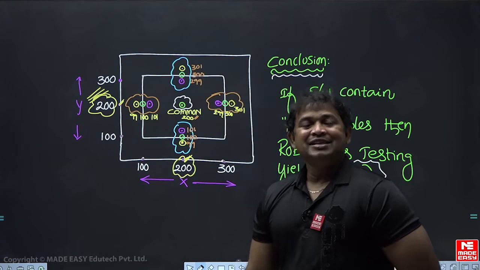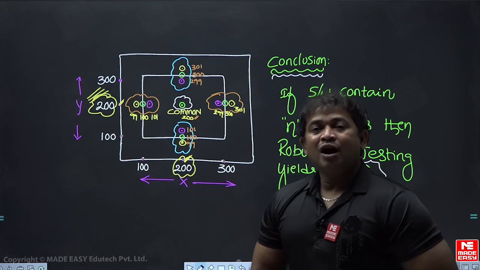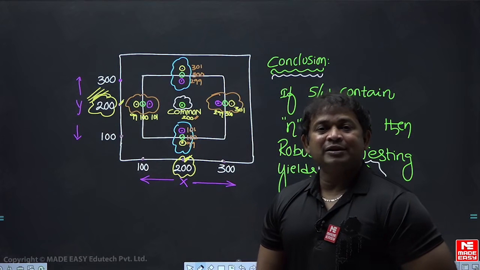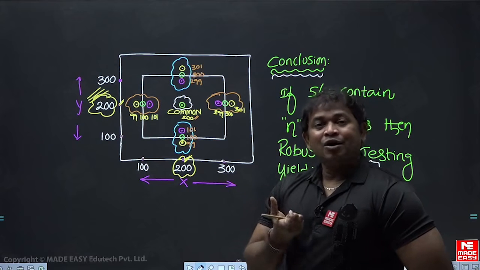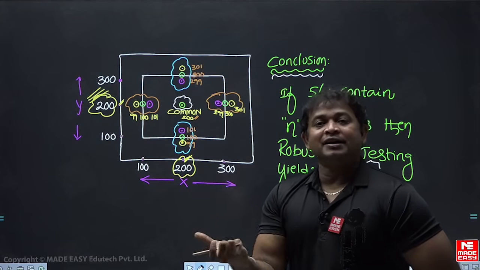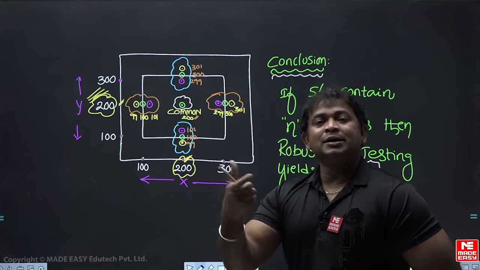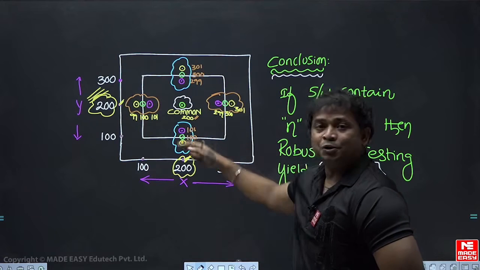Okay students, so diagrammatically it is clearly visible how robustness testing takes place. When we conduct test operations at boundaries, there is a possibility of covering more errors present at boundaries rather than the center of an input domain.